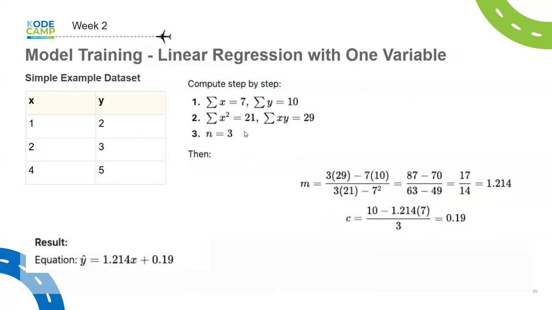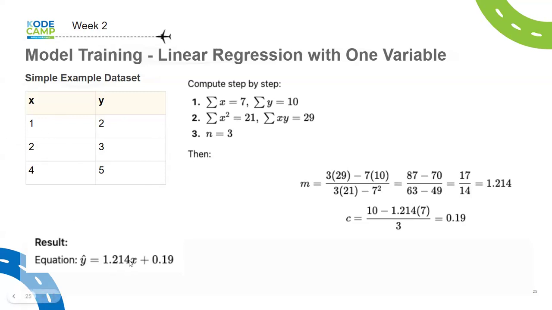Okay, so now when you are able to slot in these values, you can calculate M and you calculate C. And then you can get the equation that represents a linear model for these three data points. And that equation is y hat equals 1.214x plus 0.19. That is the linear equation, and that is a linear model for this.